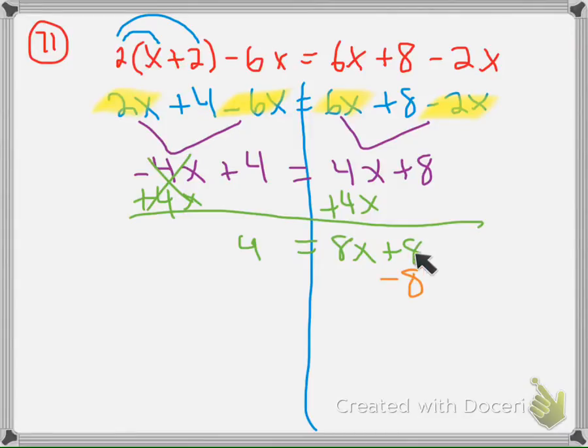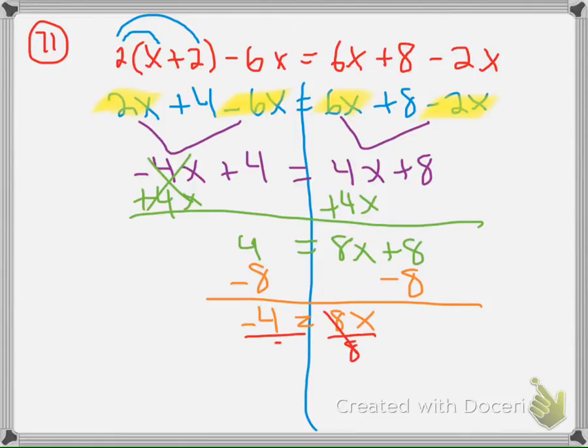So if I'm adding 8 here, I need to subtract it to get rid of it. 4 minus 8 is negative 4 equals 8x. And my last step is to divide to get x by itself. Divide by 8, divide by 8. And I'm left with x equals negative 1/2. Because negative 4 divided by 8 is the same as negative 1/2.